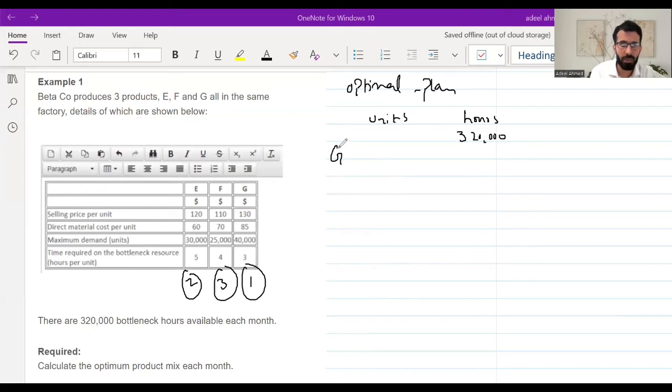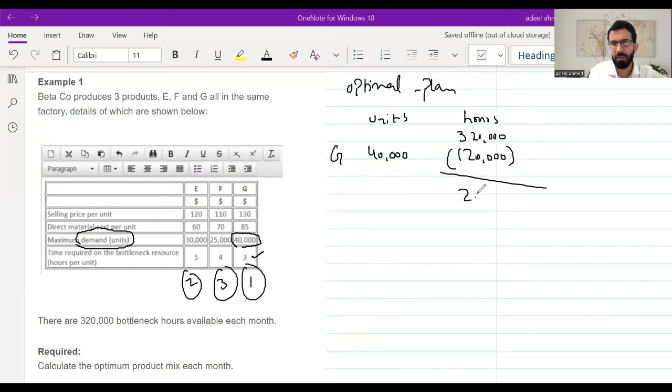When we look at the demand for each product, the demand for product G turns out to be 40,000. So if I would go for producing 40,000 units of product G, each taking 3 hours, which means effectively it would consume 120,000 hours of the total available time, leaving us with a total time of 200,000.